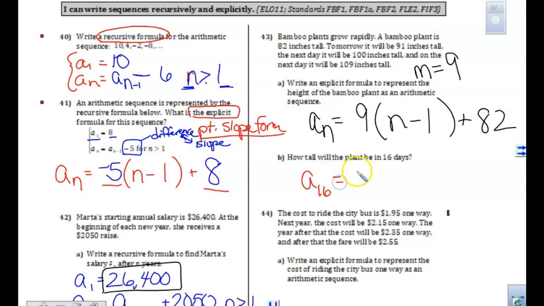Okay, go. 16 minus 1, can we just put 15 for sure? Yes. So you want to multiply that. If you have a calculator, 9 times 15, adding 82, should be a total of, what'd you get, Carol? 217. 217 inches.